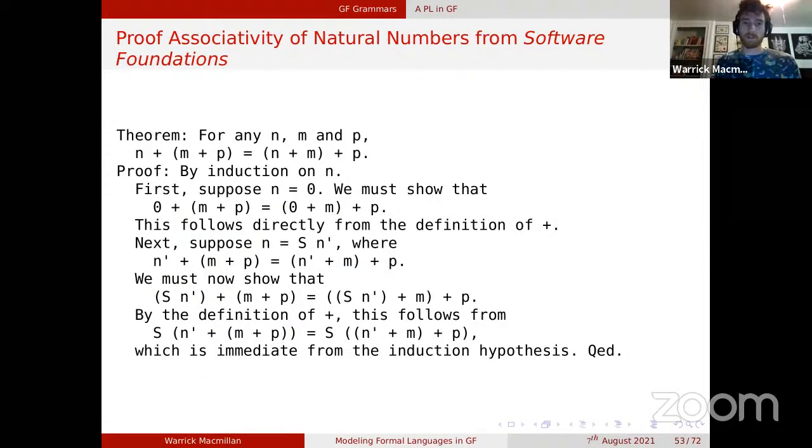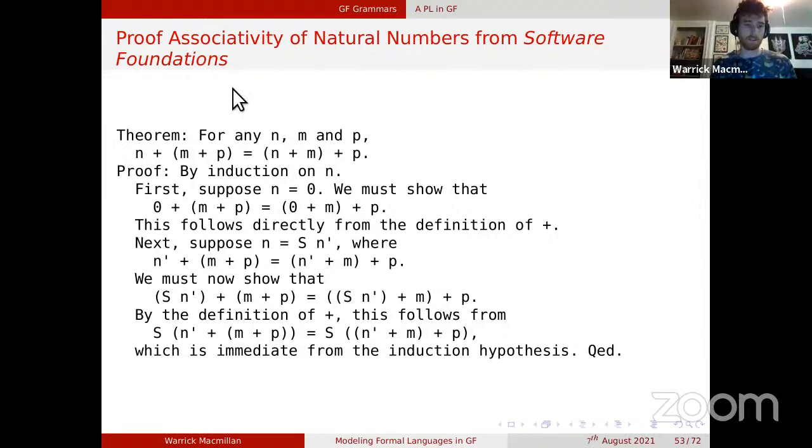So let's just look at an associativity proof from this famous book about Coq called Software Foundations. So it says for any n, m, and p, and this is a very pedantic proof that a mathematician might not write, but is interesting if you just want to teach a student a formal proof or use it as a case study like we're doing.